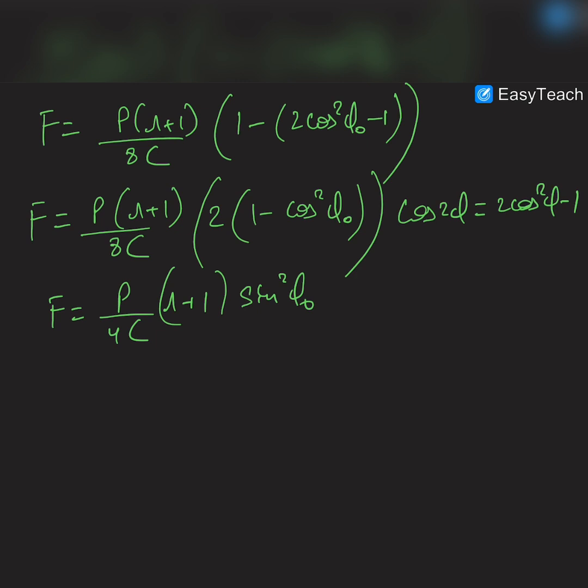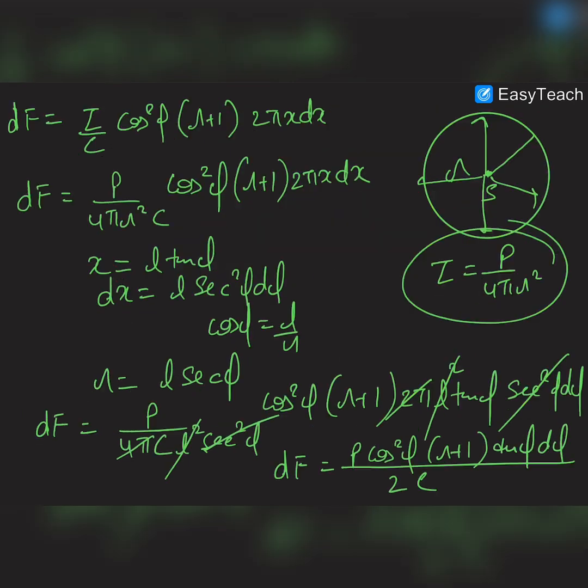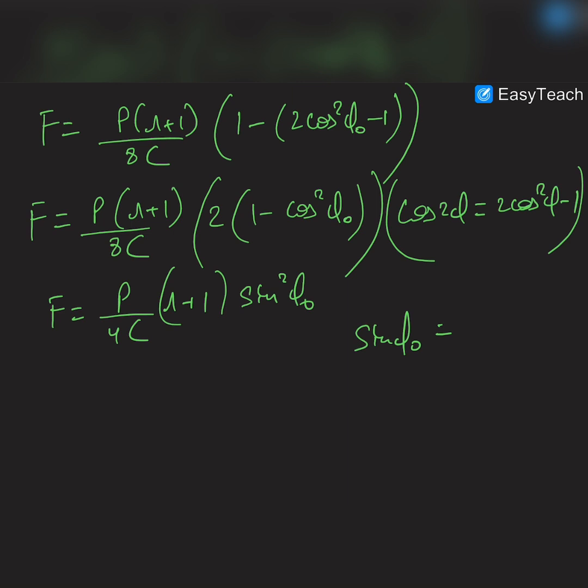And sin phi naught will be R upon under root R square plus L square. This is capital R.